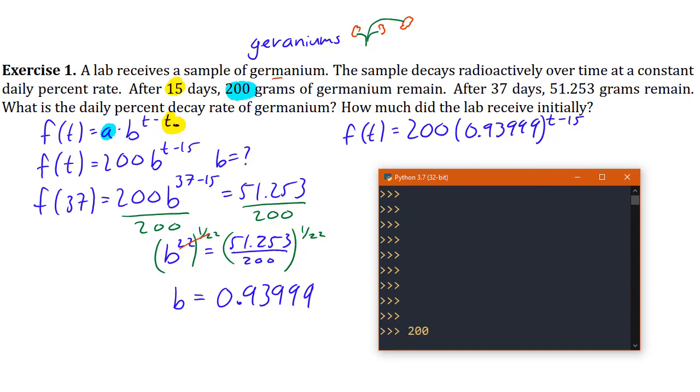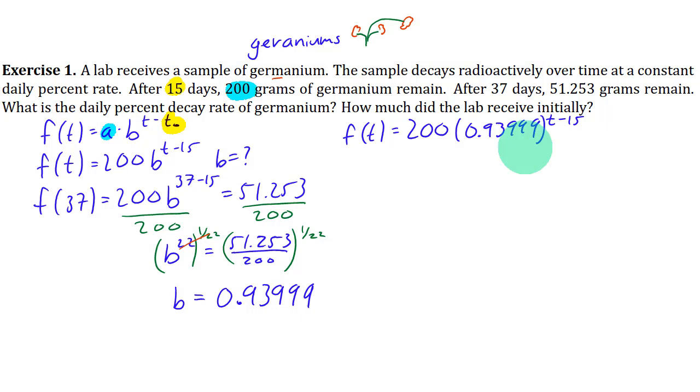So 200 times 0.93999 to the power 37 minus 15. Yep. Close enough. 51.255, because we rounded off the base there a little bit.